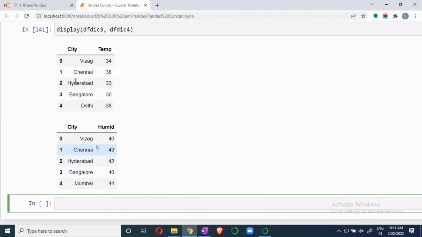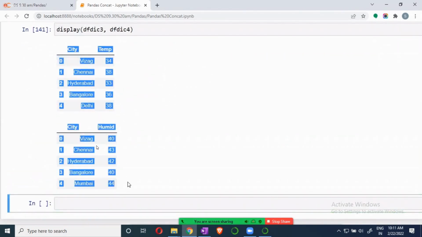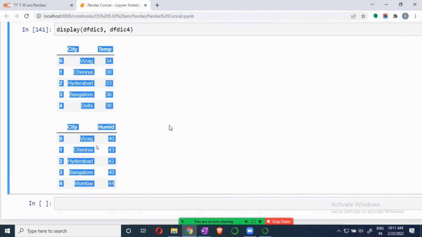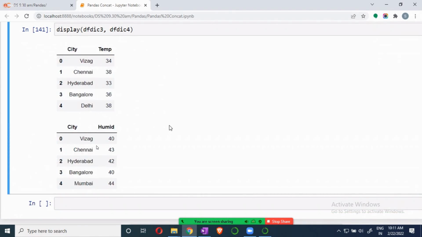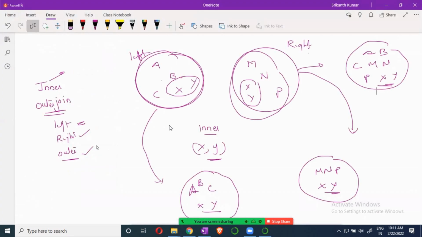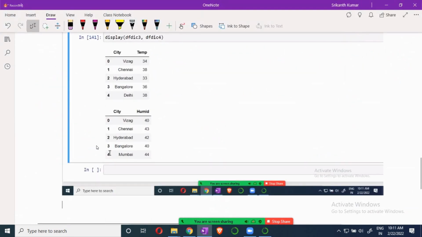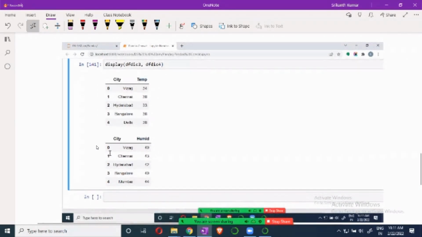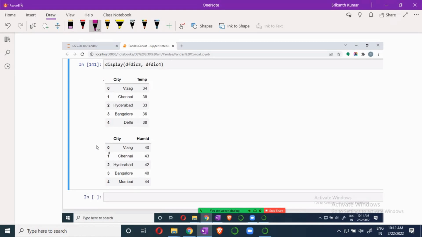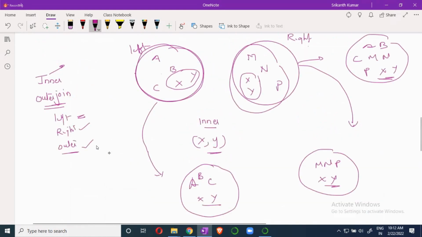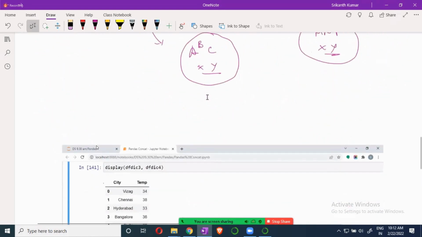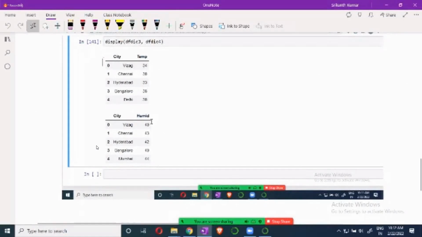I hope that it will work for us. Think that this is the first data set over here. Whatever we talked about, left and right: this you take as the left one, this you take as the right one.